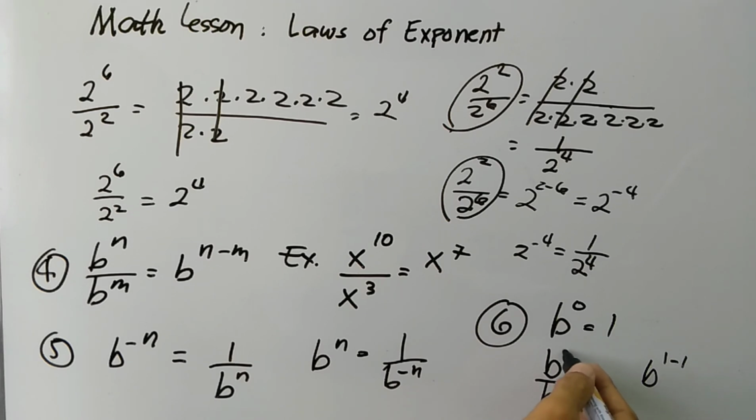The exponent here is 1. Here also is 1, so we subtract. Therefore, the answer is b raised to 0. Therefore, b raised to 0 is equal to 1. This is applicable to all types of numbers raised to 0, the result is always 1.